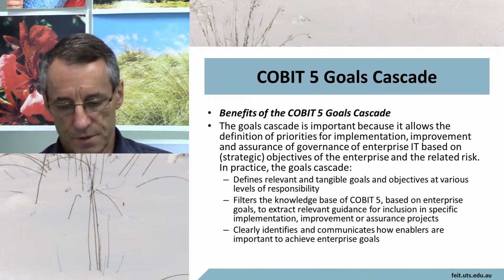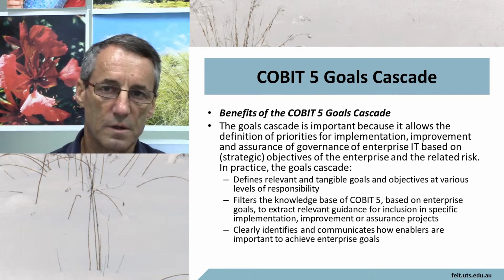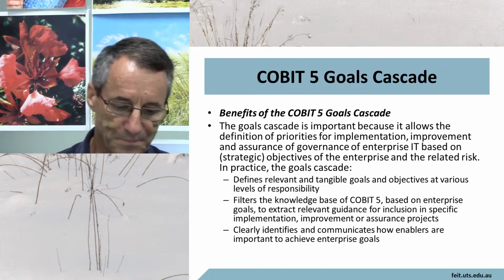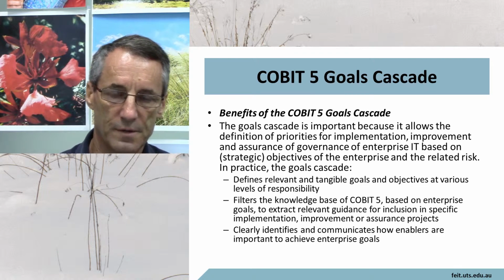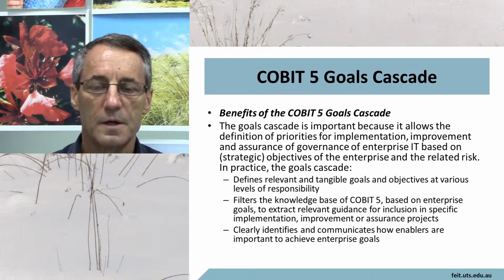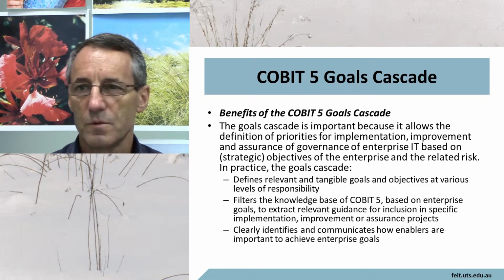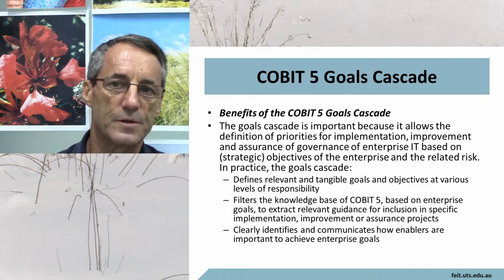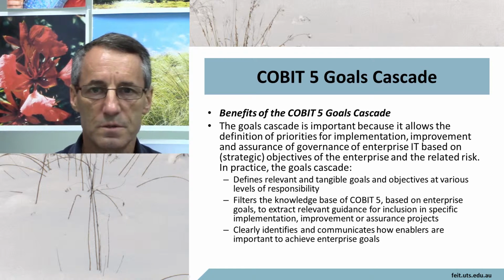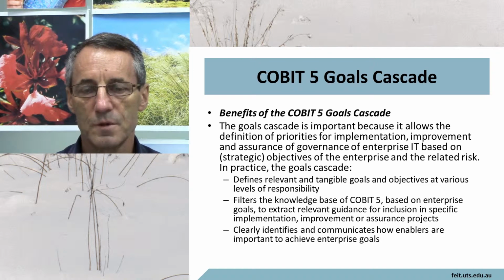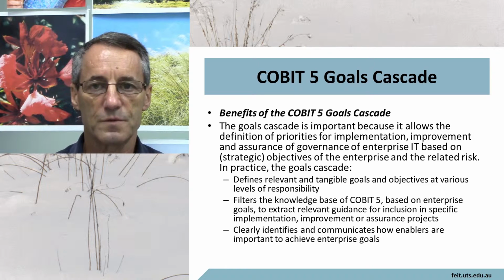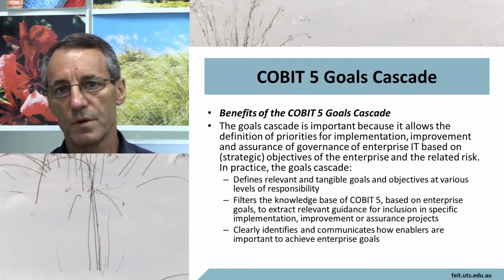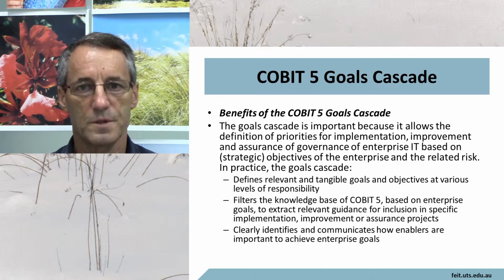Now, the benefits of the COBIT 5 goals cascade, as I found in another area, and the area was in process improvement and process tailoring. In order to tailor the processes, you need to be able to decompose the goals from the highest level down to the level that affects each process.